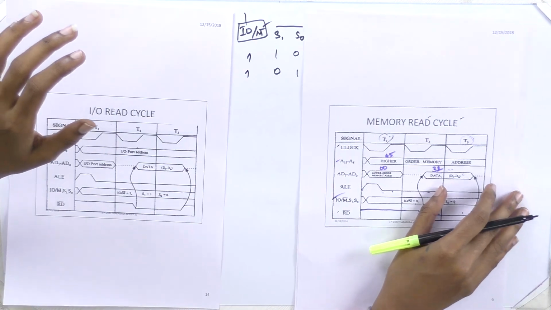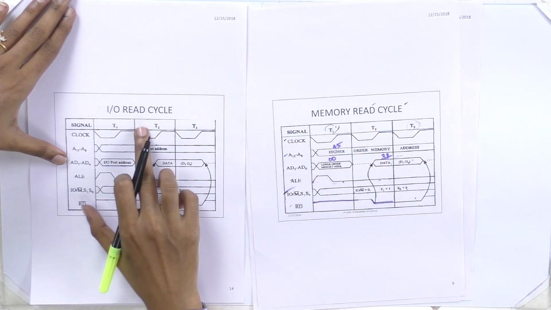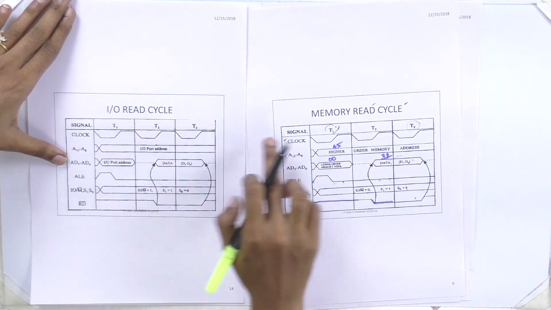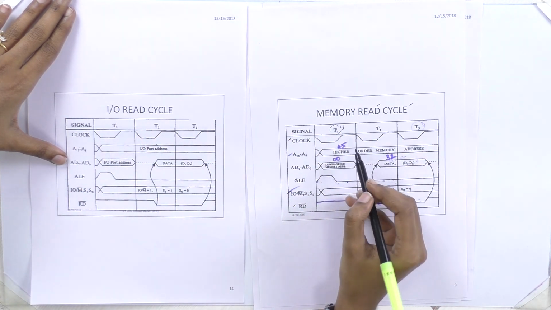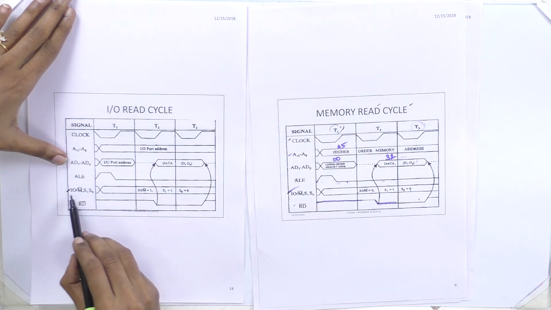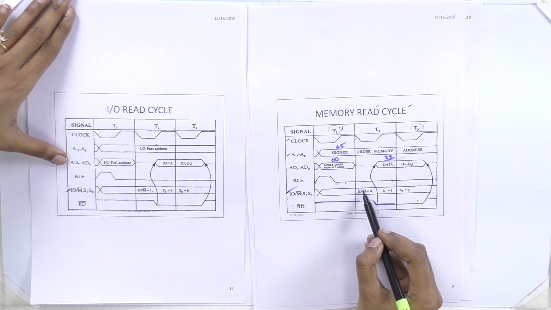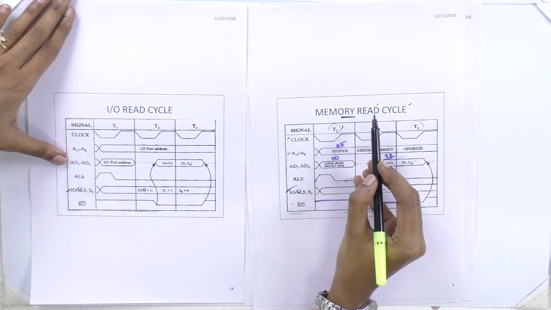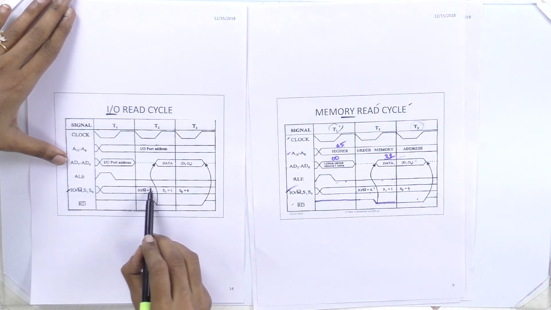So there is no change in the diagrams either. See here, this is a memory read cycle and this is an IO read cycle. T states are the same. In the first, IO/M bar is 0 because you are performing a memory operation, and here you are performing an IO operation, so there is a change here.